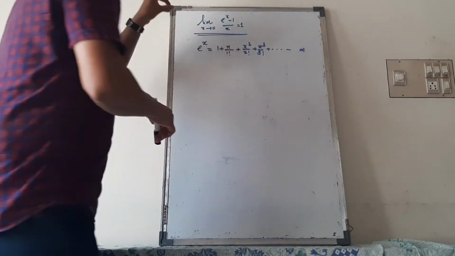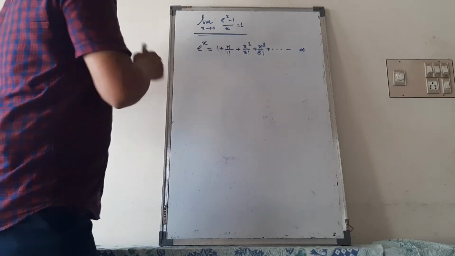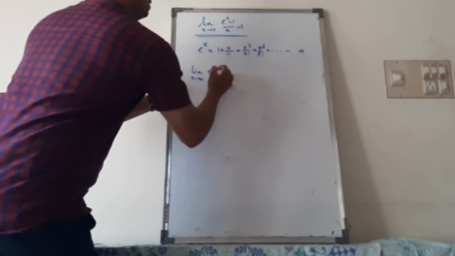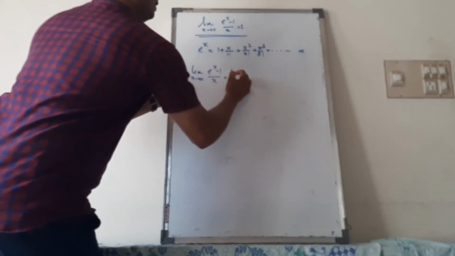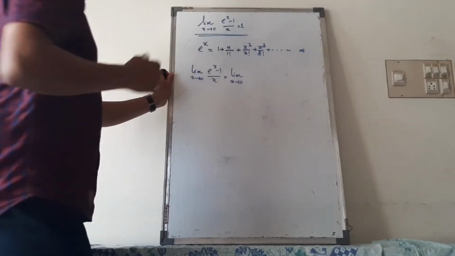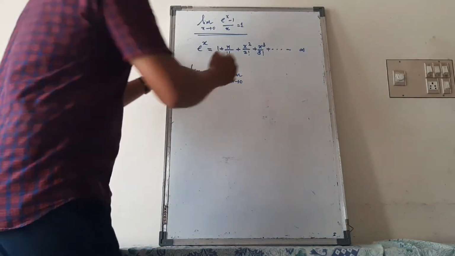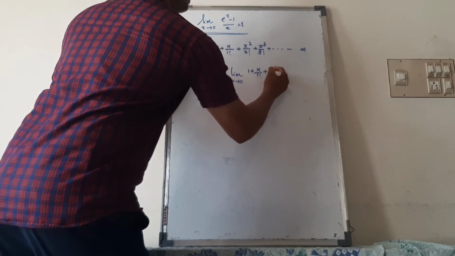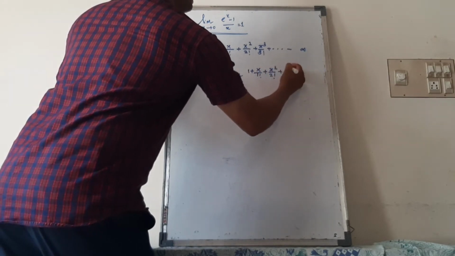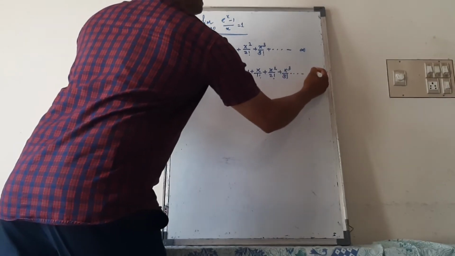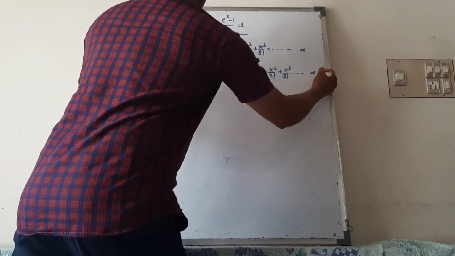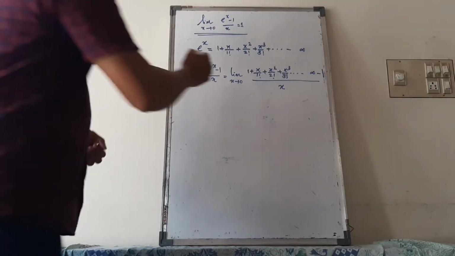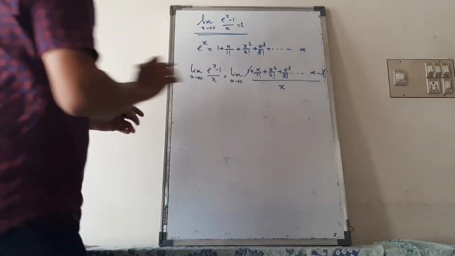We substitute this exponential series into the given limit. That is, limit x tends to 0 of e raised to x minus 1 by x equals limit x tends to 0 of the series e raised to x, which is 1 plus x by 1 factorial plus x square by 2 factorial plus x cube by 3 factorial plus etc. to infinity, minus 1, the whole divided by x. Here 1 cancels.